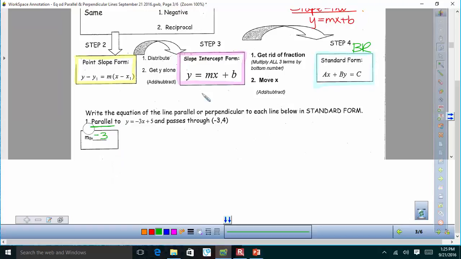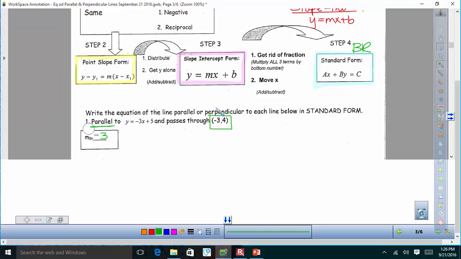And they want that line to pass through negative 3, 4. So what should I do to both of these points? Before I plug them in, I need to do what to them? Label them, because we don't know what they are.